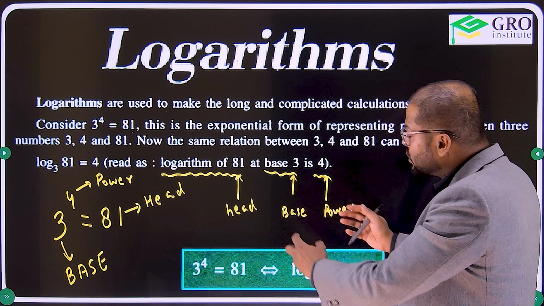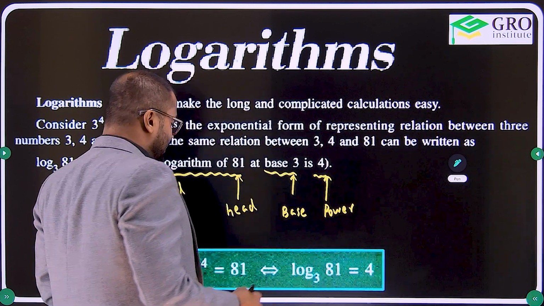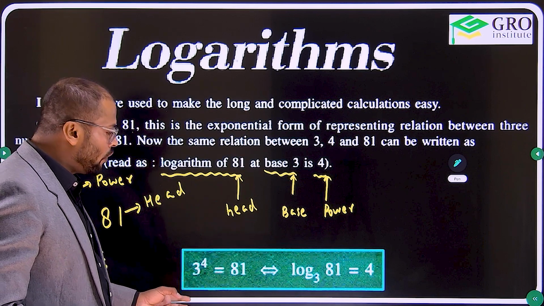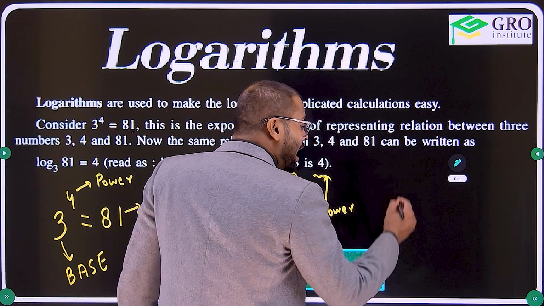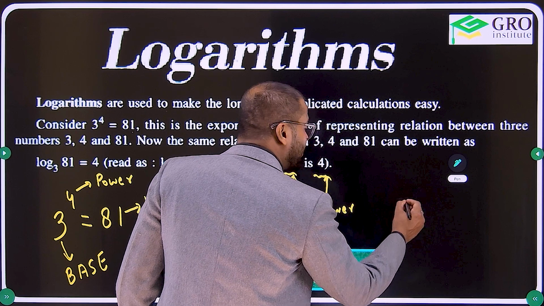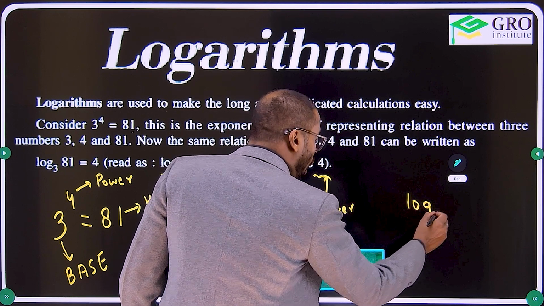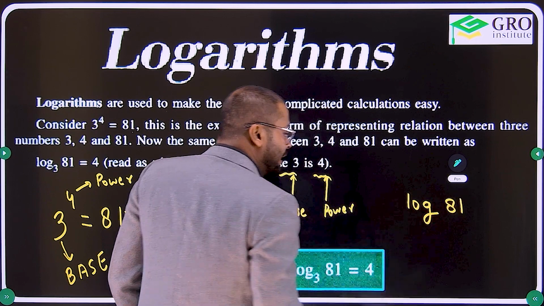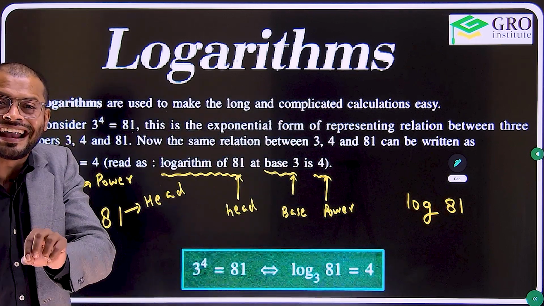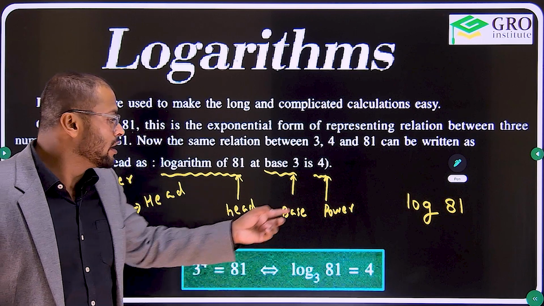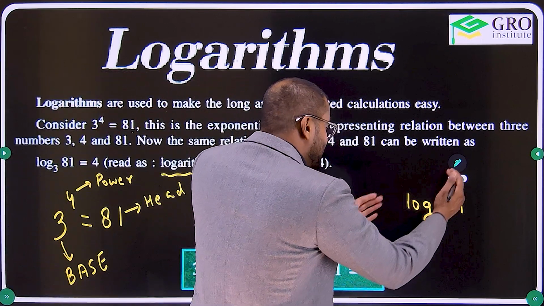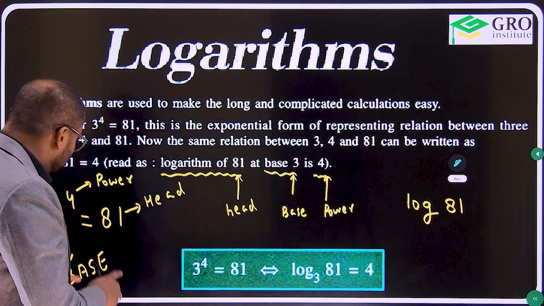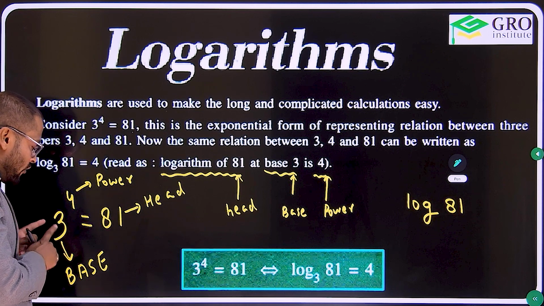So this was your exponential form, now this is logarithmic form, and the body of logarithmic form is going to be like this: log of head. Head is 81. Log of 81 having base, here also 3 was the base.